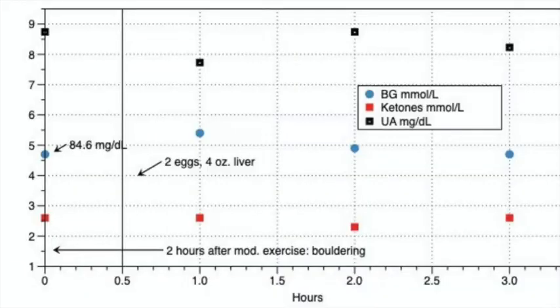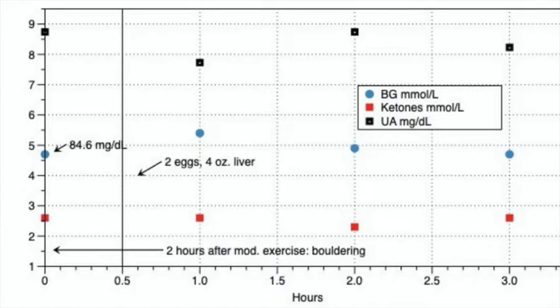And so the spots that are on that line are values that I took 2 hours post-exercise. The uric acid is at the top, and you can see that it's elevated. It's almost at 9 mg per deciliter. And that's because of the exercise that occurred 2 hours earlier. Tracking in the figure, you can see where I had breakfast, eggs and chicken liver.